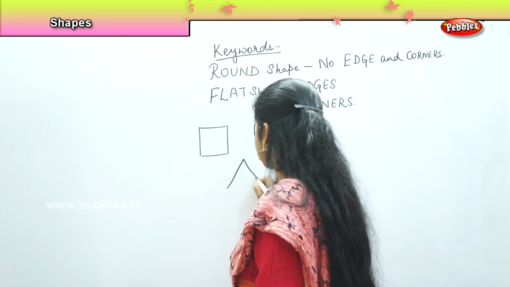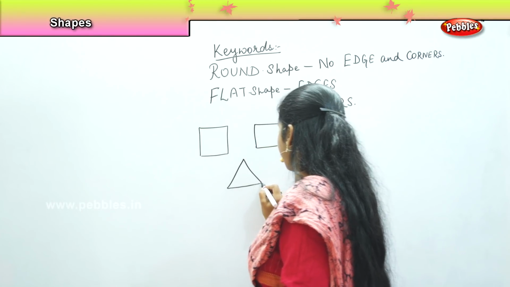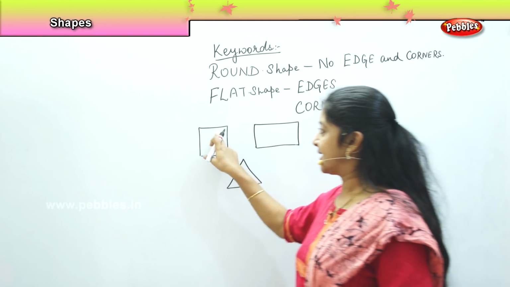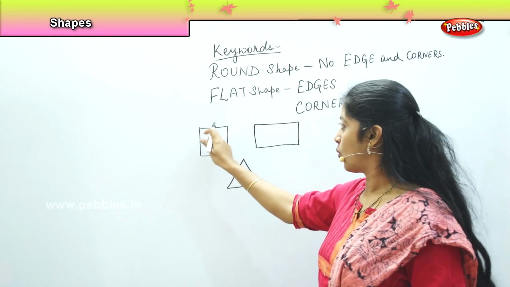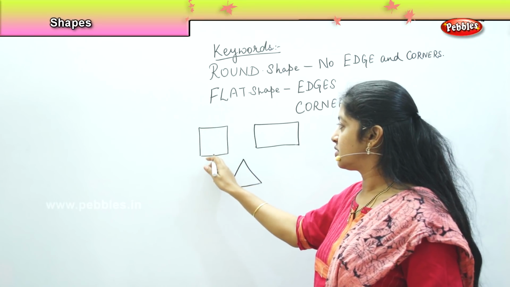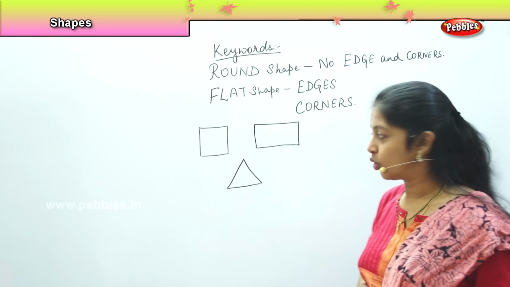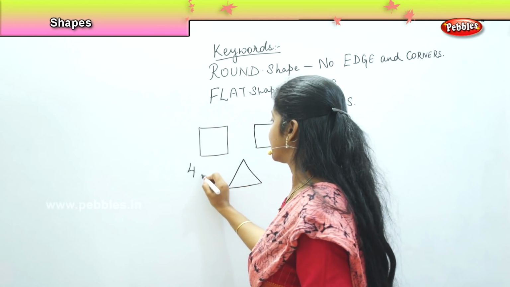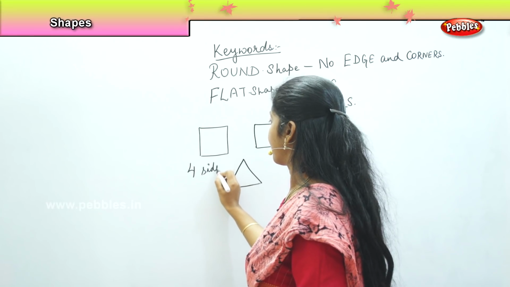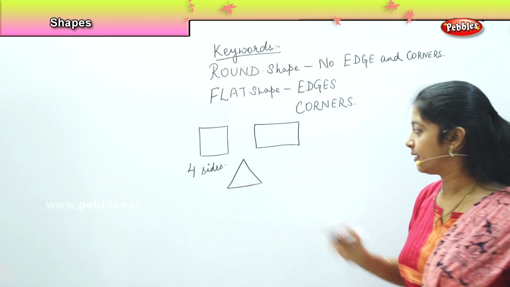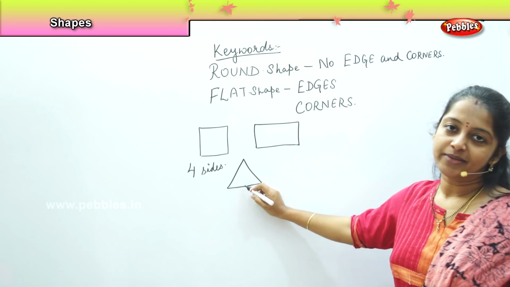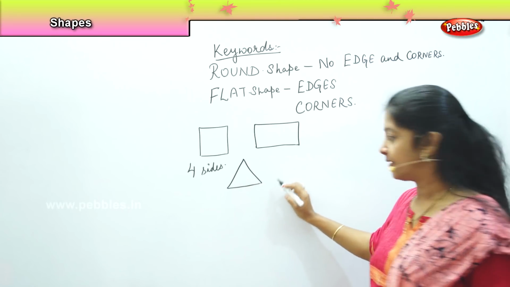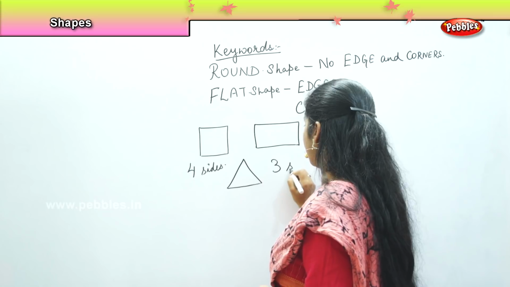What shape is this? This is a triangle. How many sides can you see in the square? 1, 2, 3, 4. So, the square has got 4 sides. Now, in this triangle, how many sides does this triangle have? 1, 2, 3. Right? So, it has got 3 sides.